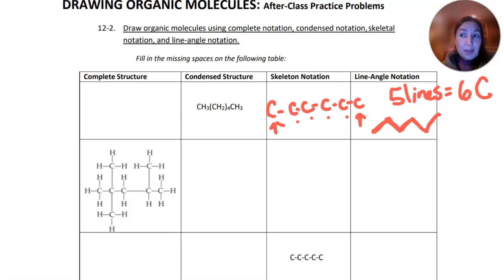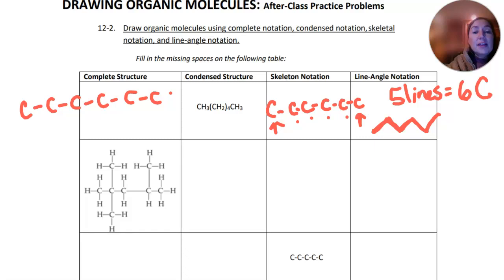Now I've got to go back and draw up a complete one. 1, 2, 3, 4, 5, 6. And then I'll go through and I'll draw in my hydrogens.